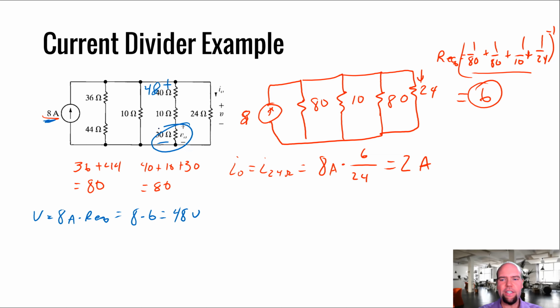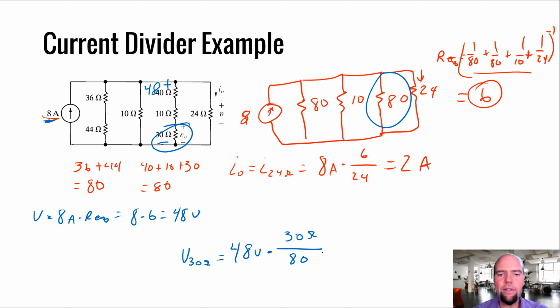So voltage divider tells us that if we have a known voltage, 48 volts, and we're trying to find the voltage across one resistor in a series collection, the voltage across the 30 ohm resistor in this case is going to be the total voltage across the whole collection, which is 48 volts, times the resistance of the resistor in question, which is 30 ohms, divided by the total resistance of the branch, which is 40 plus 10 plus 30, but we already solved it.